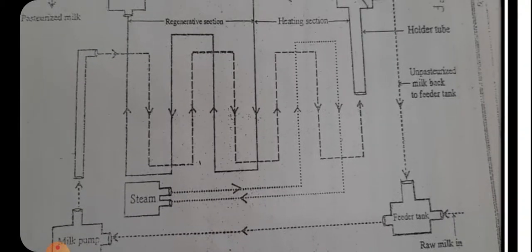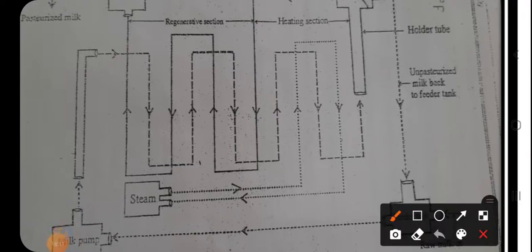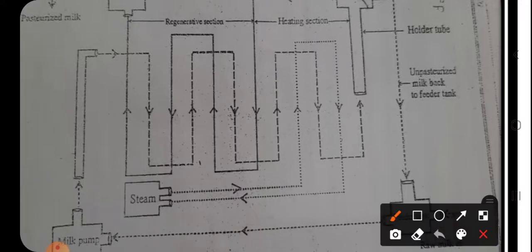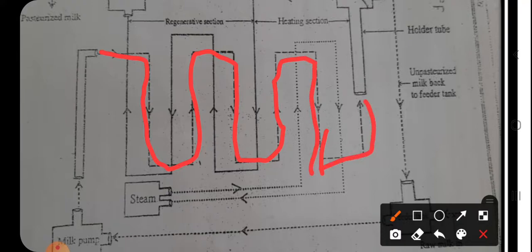From the milk pump, the raw milk enters into the regenerative section. This one is the raw milk which enters into the regenerative section.